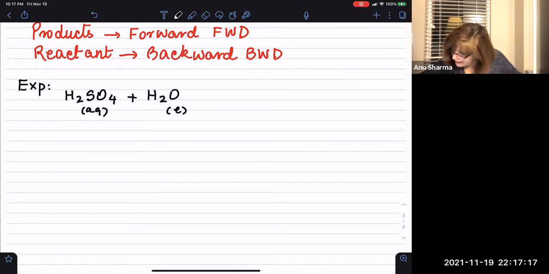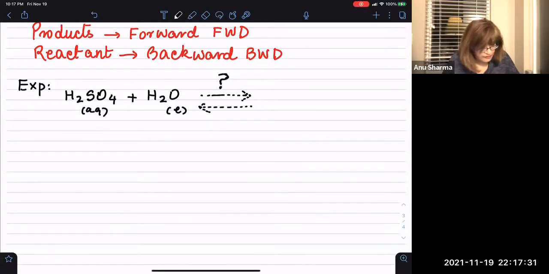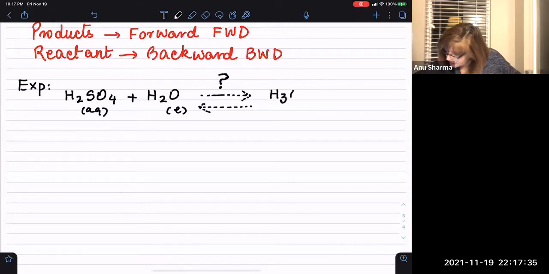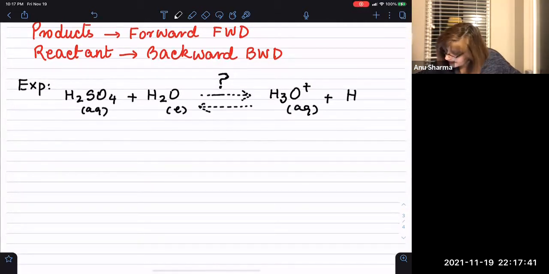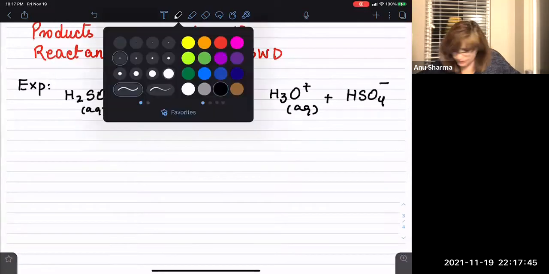Now you have to identify which side it is moving, forward or backward, what is the direction of the equilibrium? This is the question mark here. And then it's giving the hydronium ion H3O plus, aqueous, and HSO4 1 negative, aqueous.